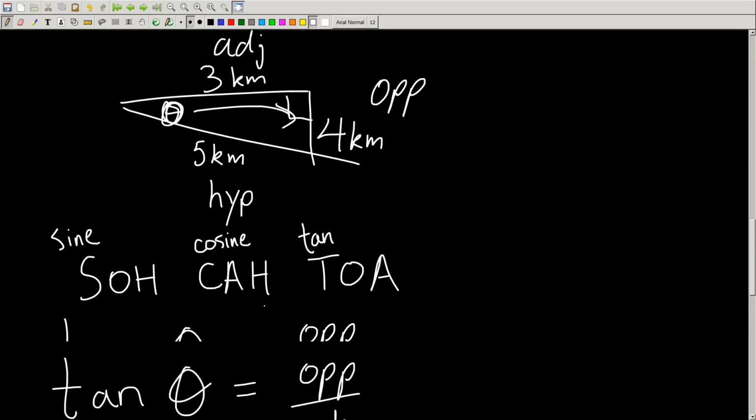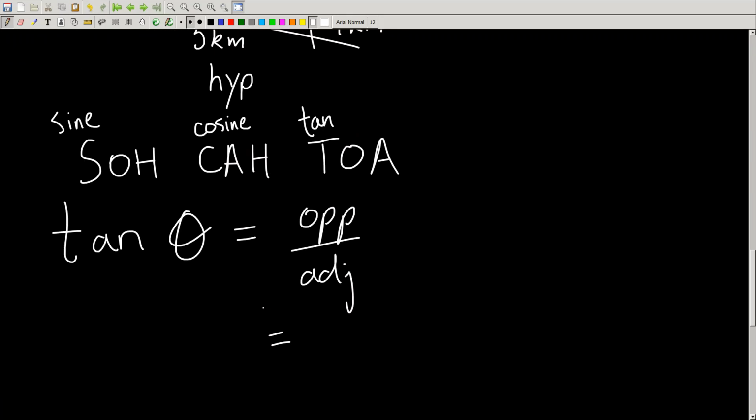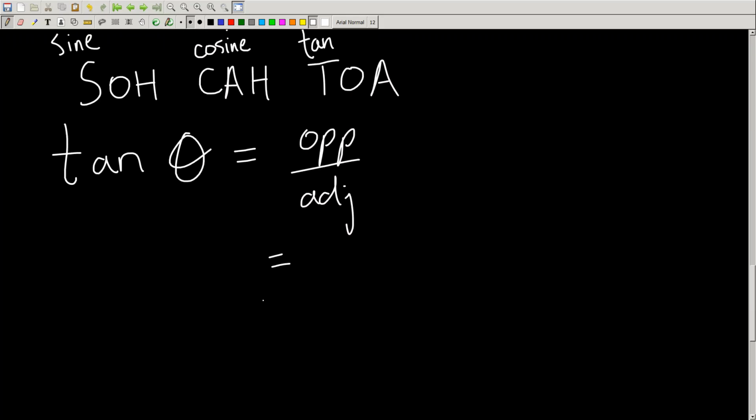Opposite in this case is 4, and adjacent is 3. So 4 over 3 equals tan theta. So all you have to do now is determine what angle theta is. We can use our trusty calculator.